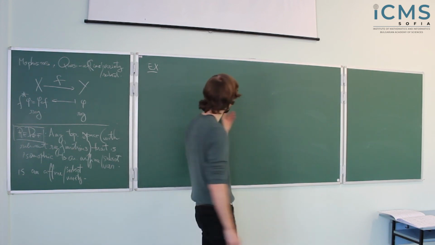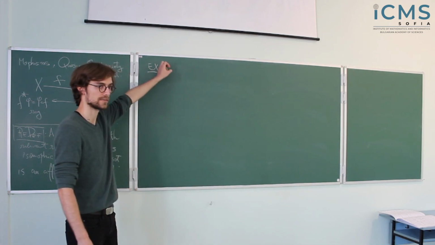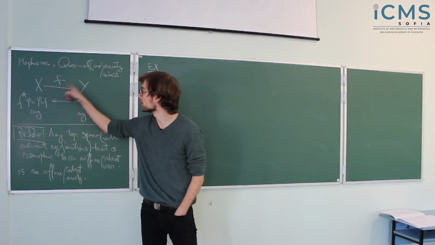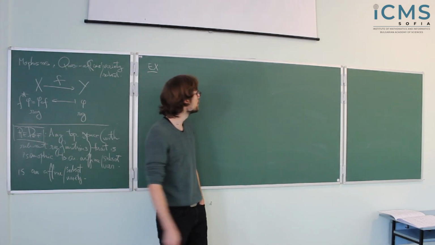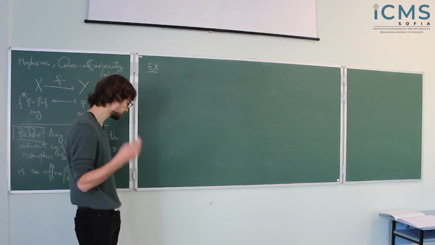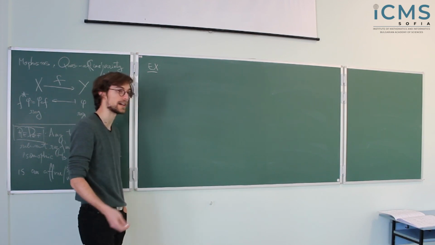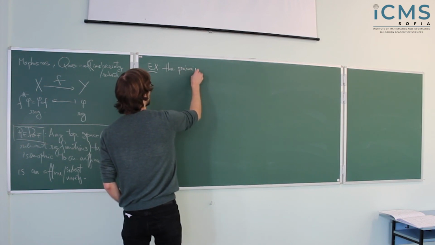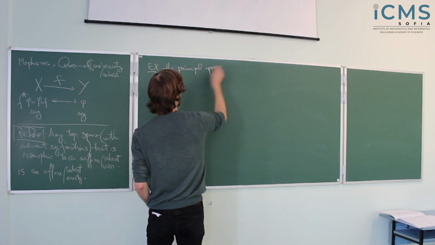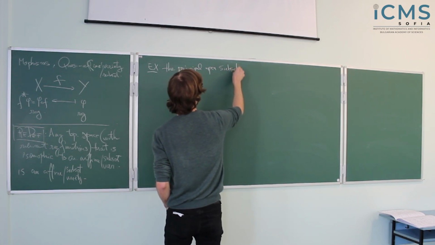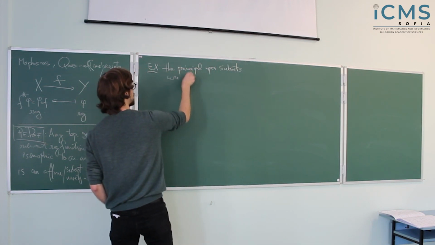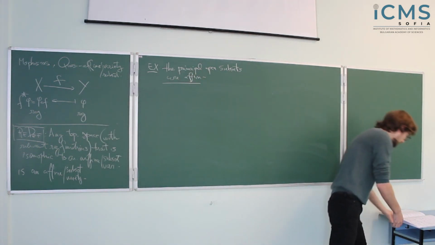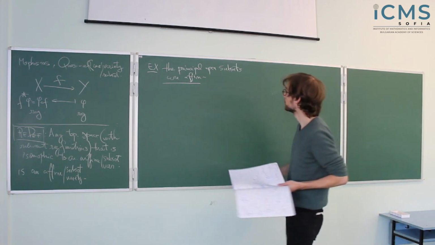What I wanted to do was give this example to show that there are some quasi-affine varieties, so open inside an affine subset, which are actually isomorphic to actual affine subsets. So the principal open subsets are affine. This is basically my claim, and this is mostly what's going to be of interest for us.